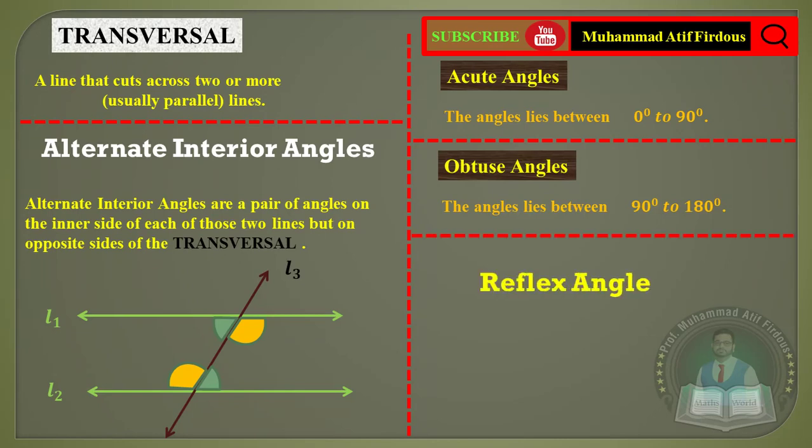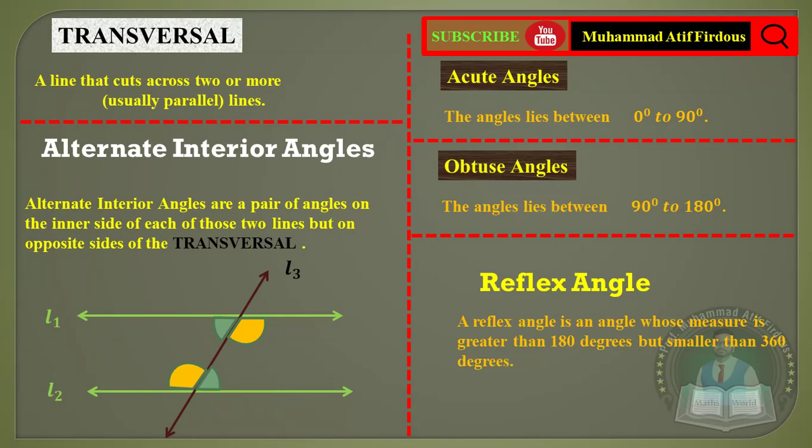And reflex angle. What is a reflex angle? These are the words which we are going to use in bearing, so we must understand what they are. A reflex angle is an angle whose measure is greater than 180 degrees but smaller than 360 degrees.